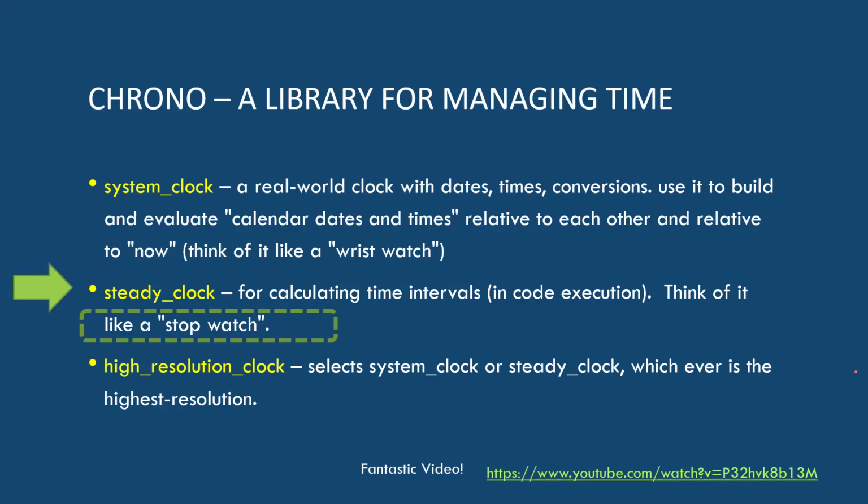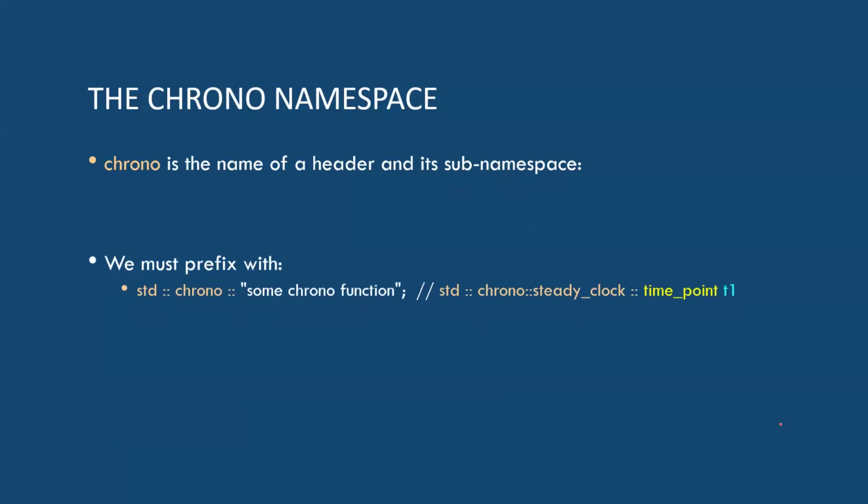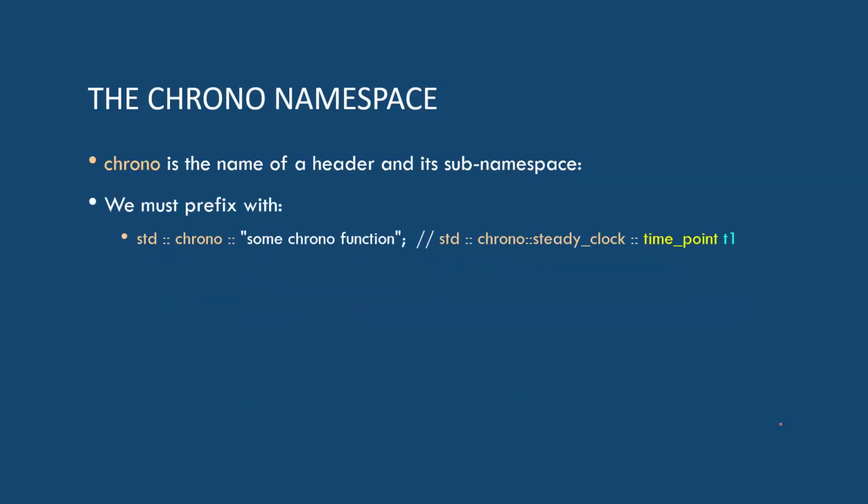And if you're really fascinated about this library, this is a really comprehensive talk. I think that video is still there. It's been out there for a while, but it's really quite impressive. The hardest part about Chrono is just remembering how to call the functions or how to create an instance of a time point for this really long sequence of namespaces.